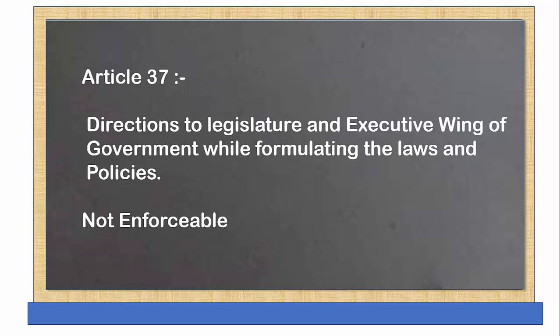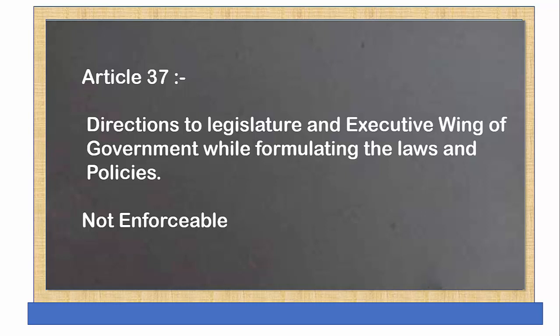And I have told you earlier that the DPSP's motto is basically providing guidance or giving a directive to the government, the legislature and the executive wings while formulating the laws.